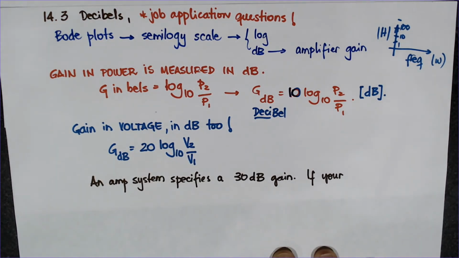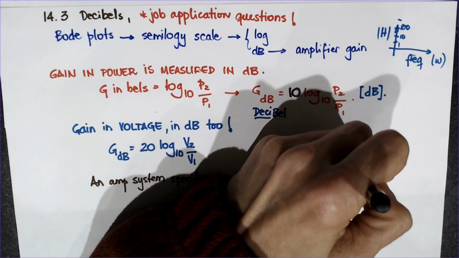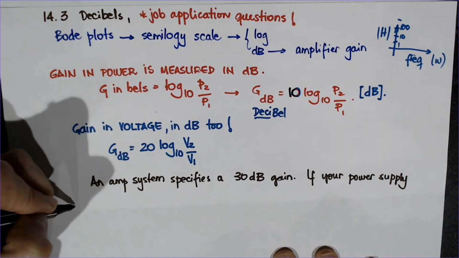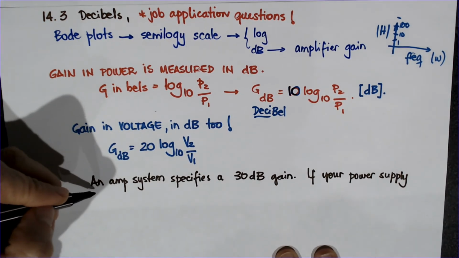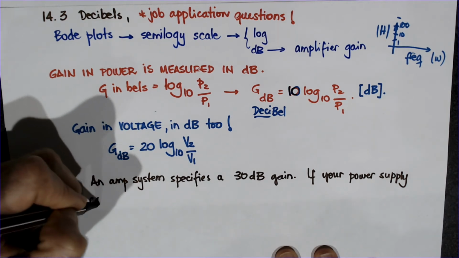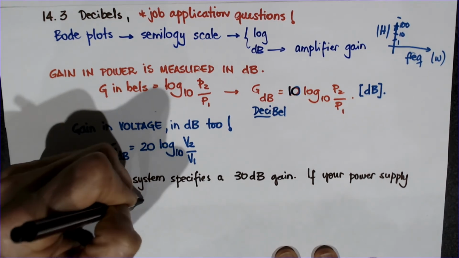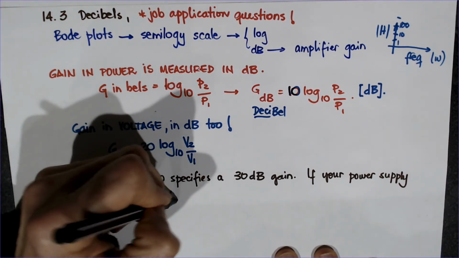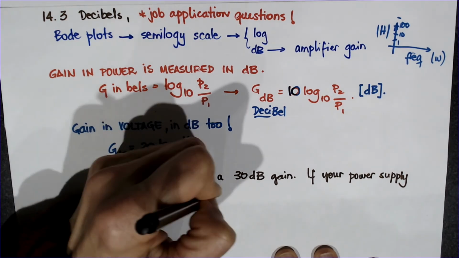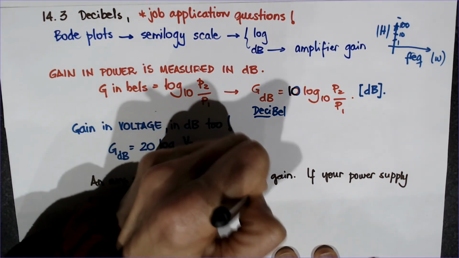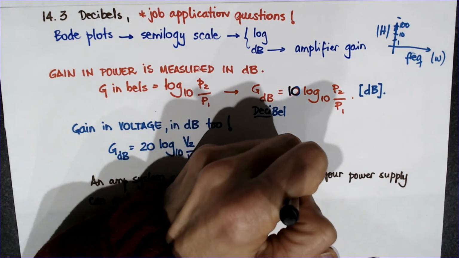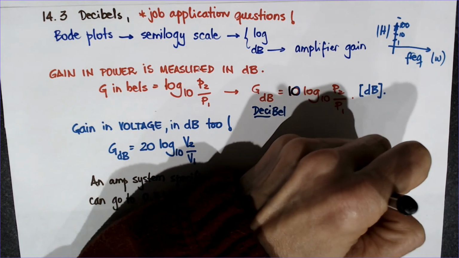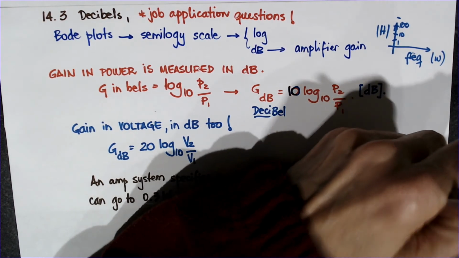If your power supply, hopefully compatible with the voltage of your amp, can supply up to 0.3 watts, so 300 milliwatts, what is the power you will get from the amplifier?